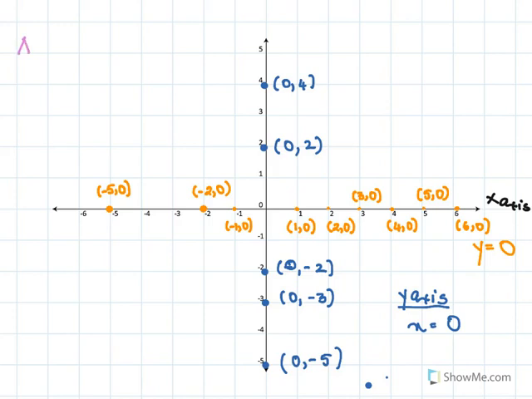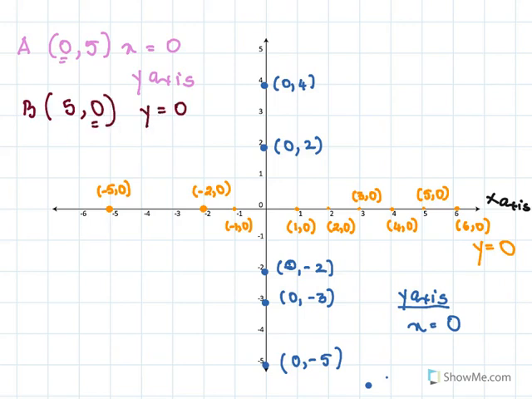So if I tell you point A is (0, 5), on which axis does it lie? We know here the x is equal to 0, so it lies on the y-axis. If I have another point B, and now I say it is (5, 0). Now here I see that y equals 0, and hence it lies on the x-axis.